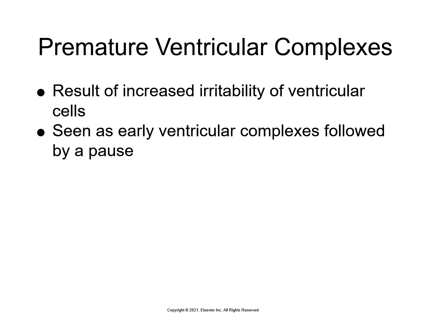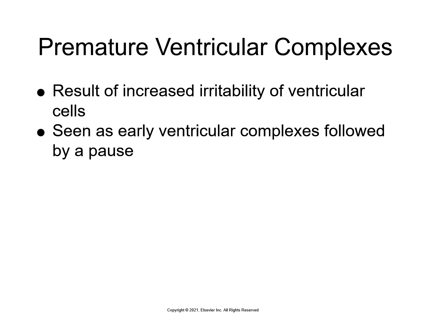So, these premature ventricular complexes result from increased irritability of the ventricular cells. This is quite often seen in people who have cardiac ischemia, and that is a key factor in the development of ventricular premature beats, or ventricular irritability is caused by ischemia.